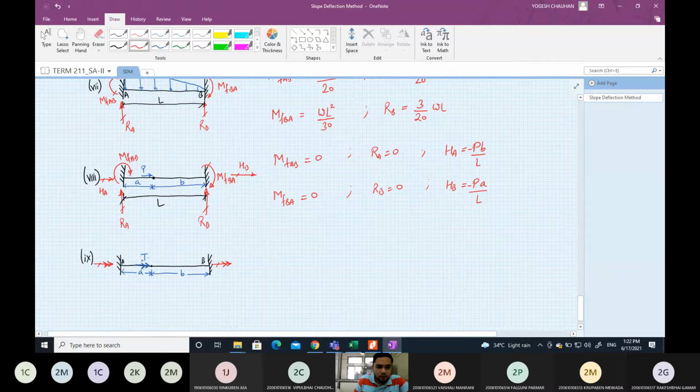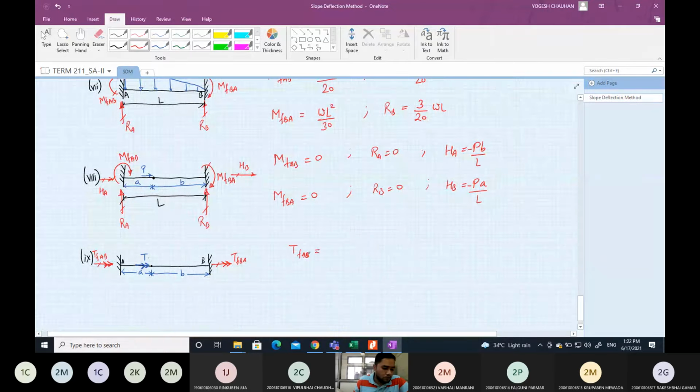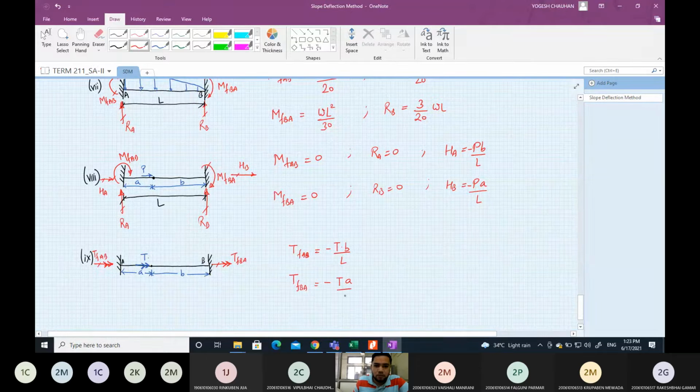So in this case, this is TFAB, this is TFBA. TFAB is equal to T into B by L. Again, the direction will be opposite because the reaction will be in the opposite direction to the load. TFBA will be minus TA by L.